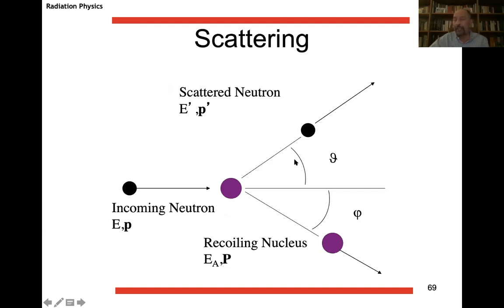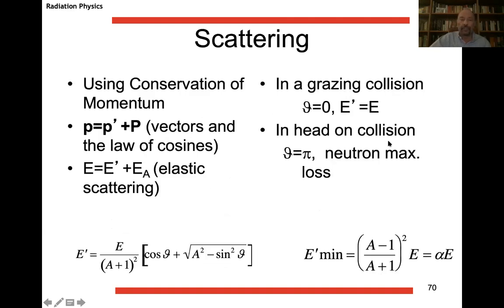The theta angle is the scattering angle in this configuration. Now, of course, you can easily describe the scattering. This is classical mechanics. There is absolutely no difference. So you have to use the conservation of momentum and the conservation of energy, of course.